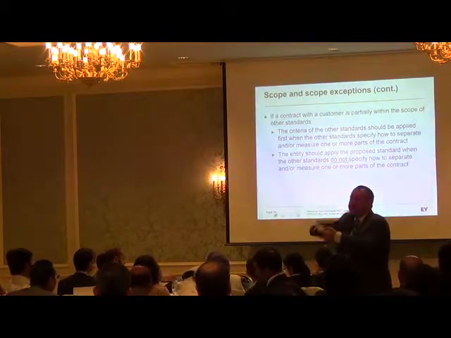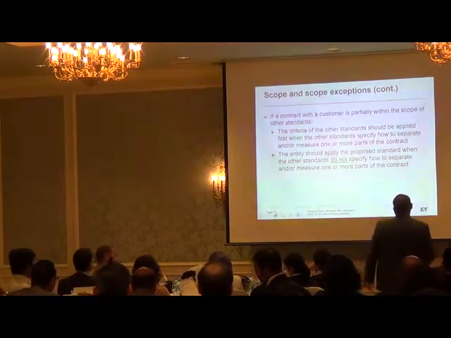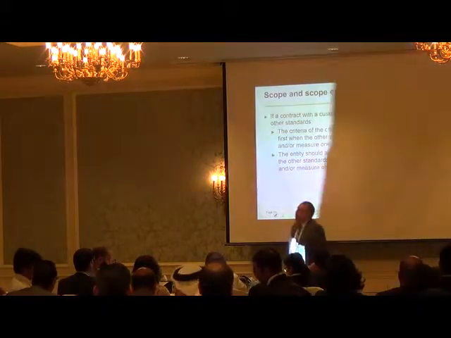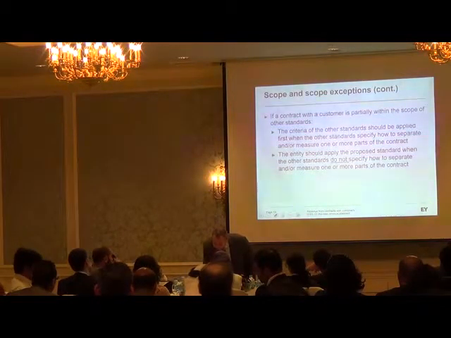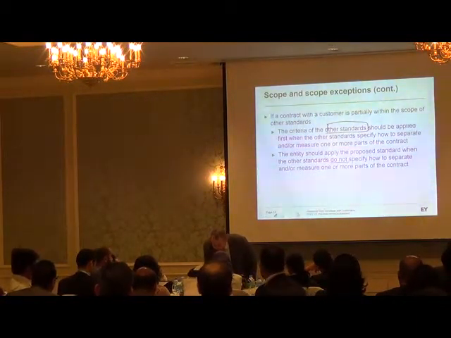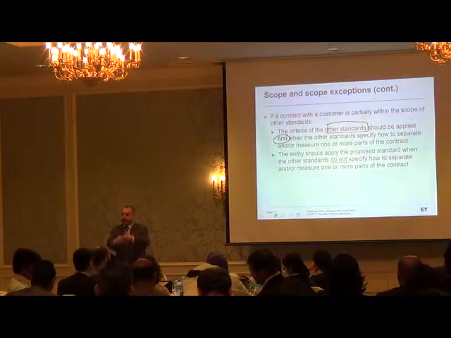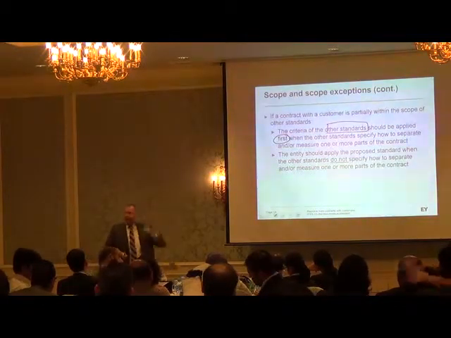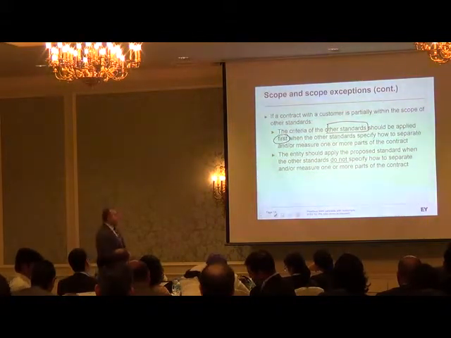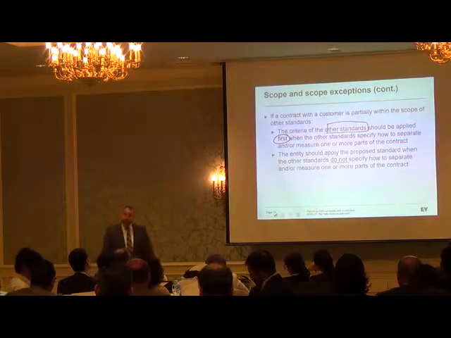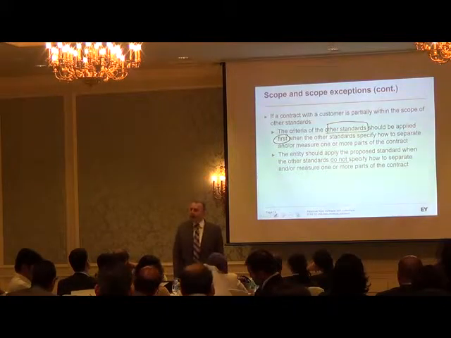When you have bundled together a financial instrument and something that is, let's say, under IFRS 15, IFRS 15 is telling you that the other standard should apply first. So first you need to apply the other standard in order to be able to separate. And if there is no guidance in the other standard, then you apply IFRS 15 only. So first you are applying the other standard; IFRS 15 comes only after that.